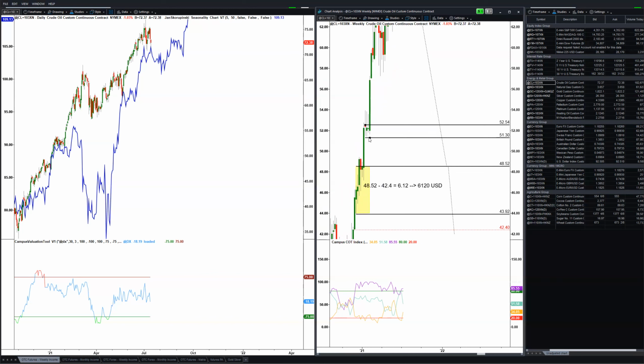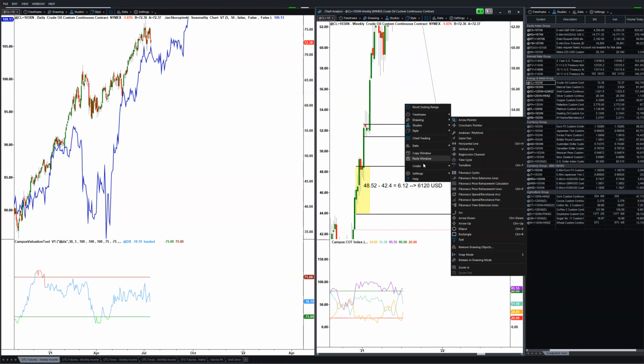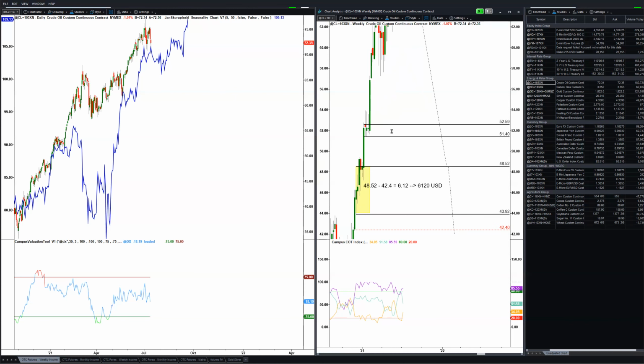If you want to place this zone, 52.59 minus 51.4. So here, the risk size per contract, if you traded this zone and you put your stop loss literally here, is 1,190 US dollars per contract.